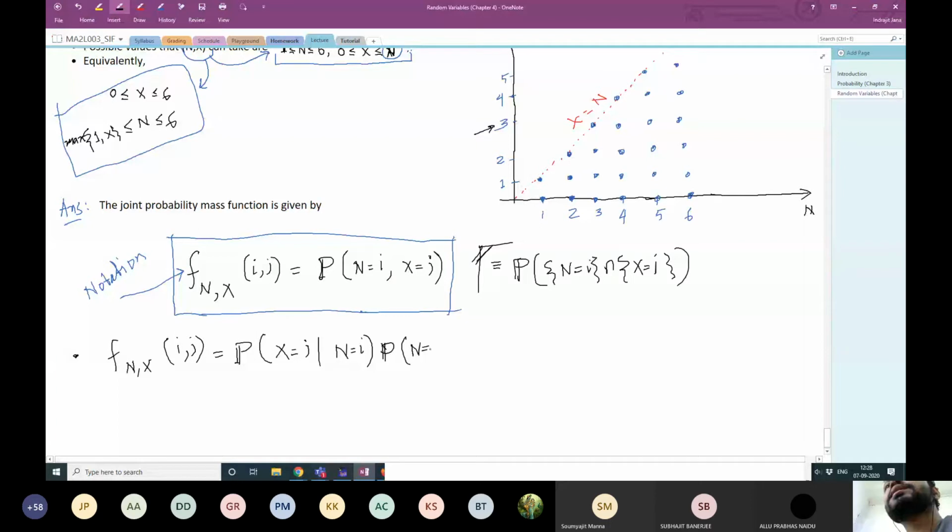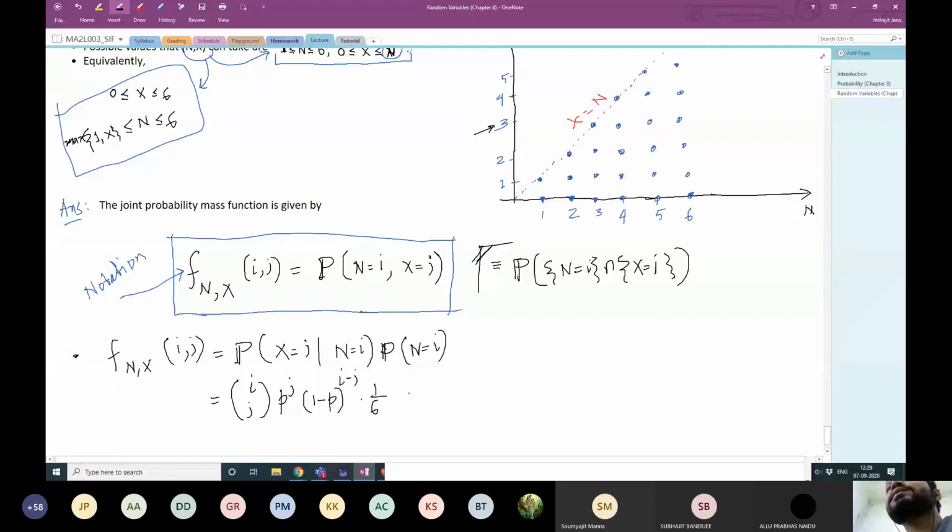If it is given that n is equal to i, which means you roll a dice and the face value is i, where i could be anything from 1 to 6, maybe i is 5, then you were asking, what is the probability that you get j many heads? Essentially, you got 5, you are tossing the coin 5 times, and what is the probability that you get j many heads? As you have done this several times, this is i choose j, p to the power j, 1 minus p to the power i minus j. And the last one, the probability that n is equal to i, is 1 over 6.